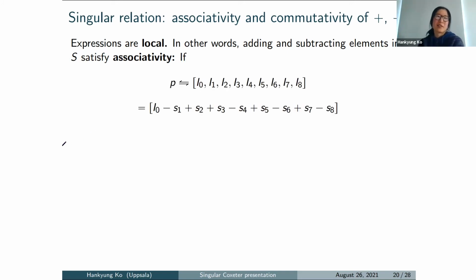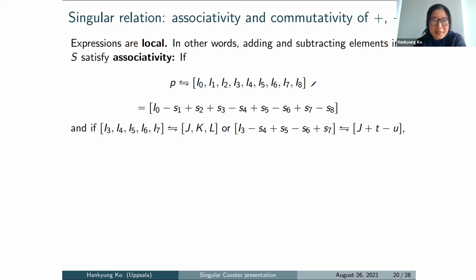So let's just take some expression with 9 subsets. And if you take a part of it, it's a sub expression in a literal sense here, but actually they are quite different.